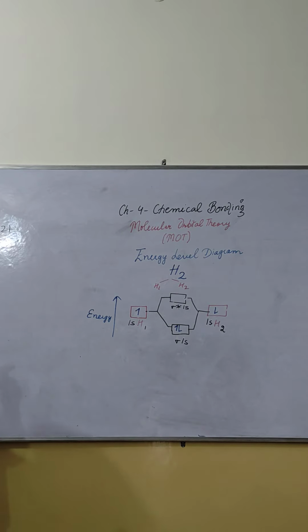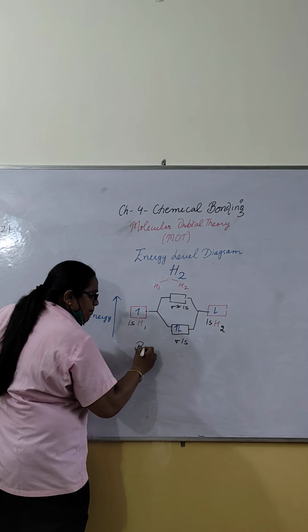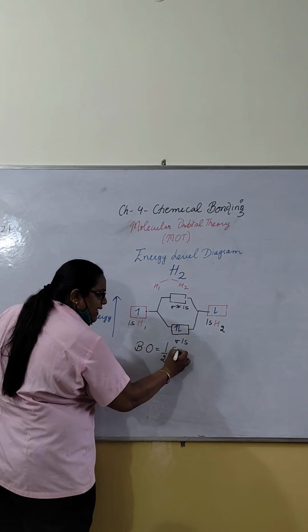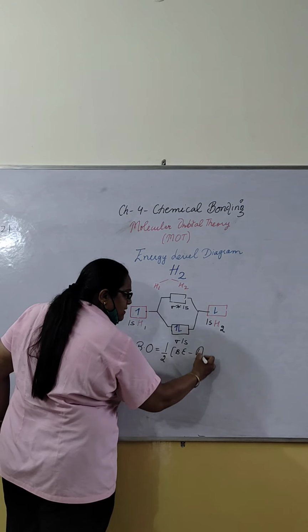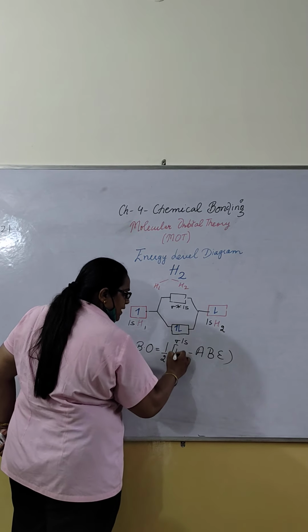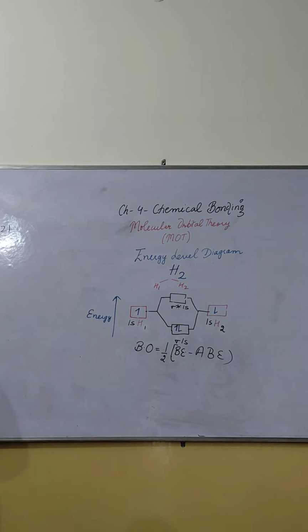Now how will you calculate the bond order? Bond order is equal to half of bonding electrons minus anti-bonding electrons.